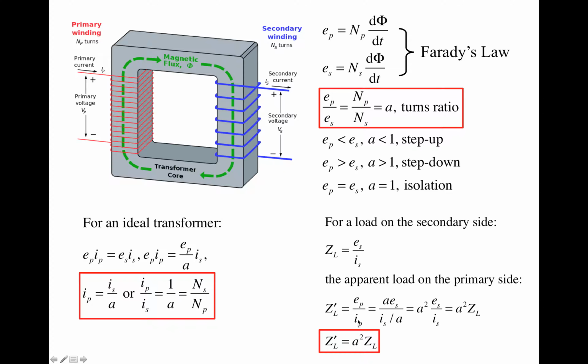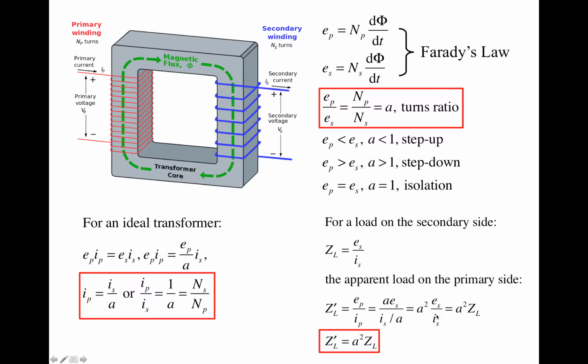And don't forget, the primary voltage equals the turns ratio times the secondary voltage, so EP equals A times ES. Then what's the primary current? The primary current equals 1 over A times IS, so it's IS divided by the turns ratio A. Then you can just rearrange the terms, and what you get is A squared times ES over IS.